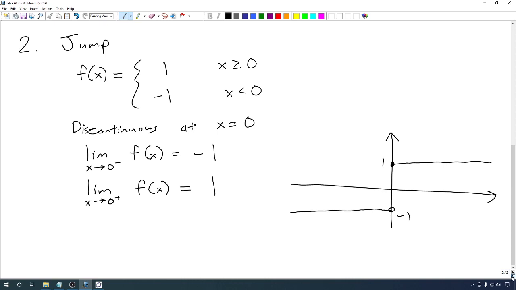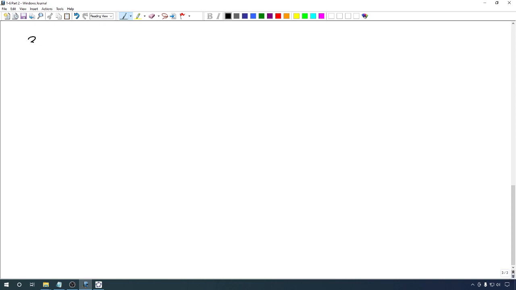On the other hand, rational functions can have the third category of discontinuity. You can say these are infinite discontinuities, or we could call them asymptotic. These are cases where both of the one-sided limits at the point are infinite.